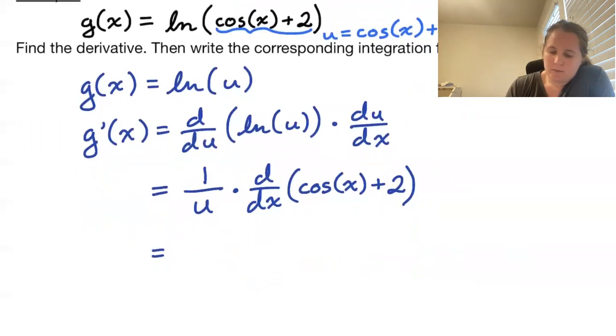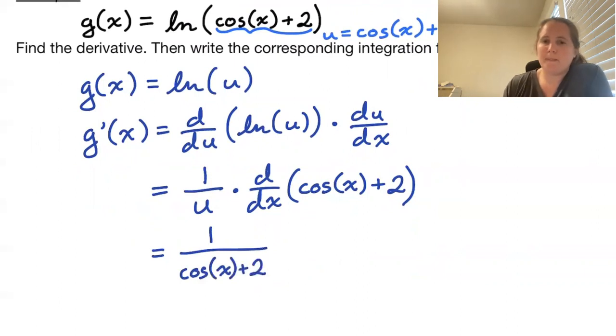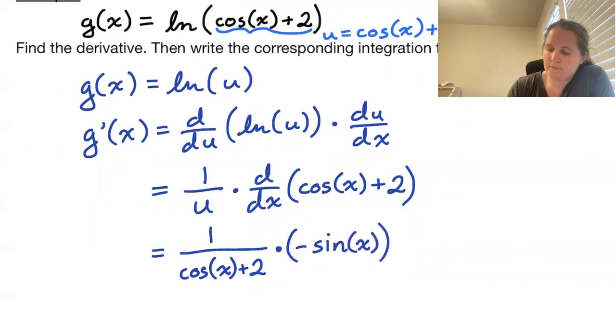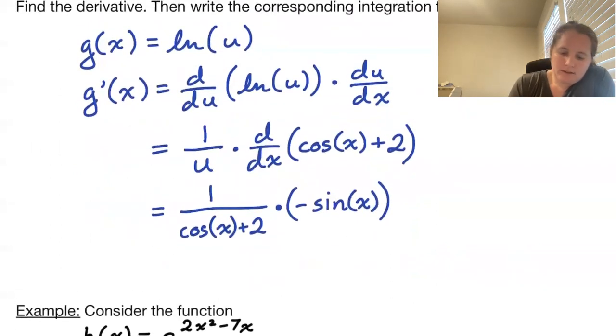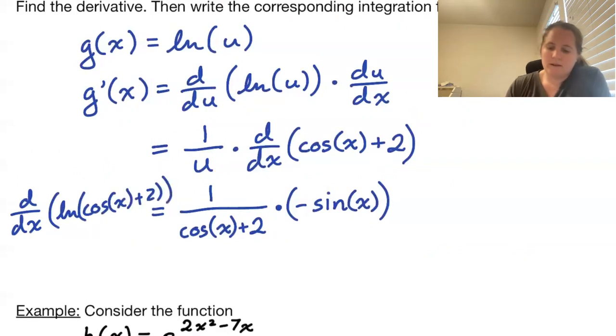So this becomes 1 over cosine of x plus 2, and then we're multiplying by negative sine of x. So we have that the derivative with respect to x of the natural log of cosine of x plus 2 is this 1 over cosine of x plus 2 times negative sine of x.